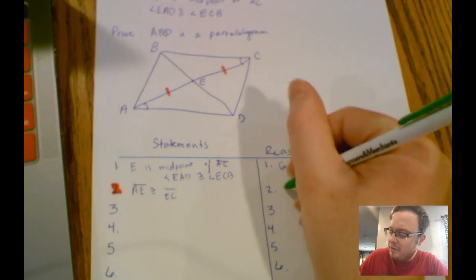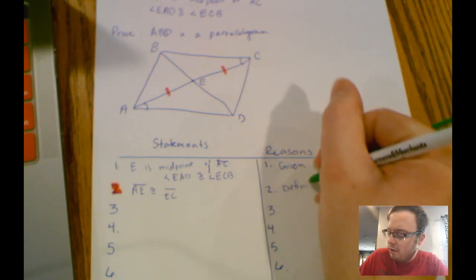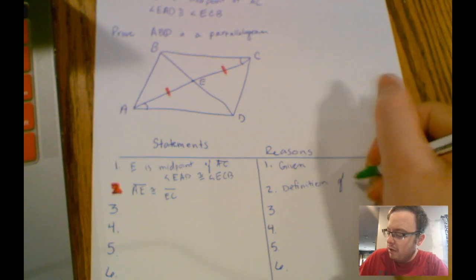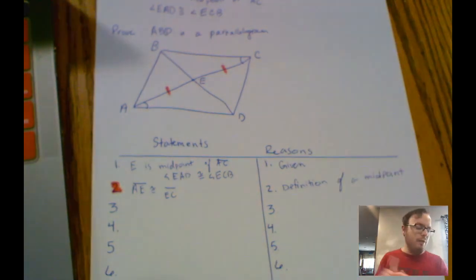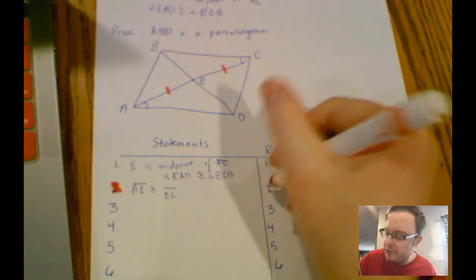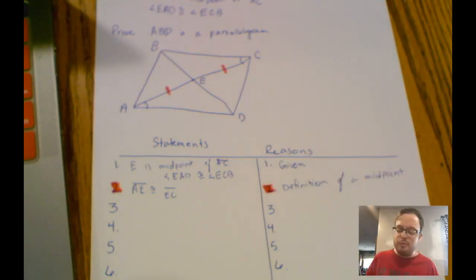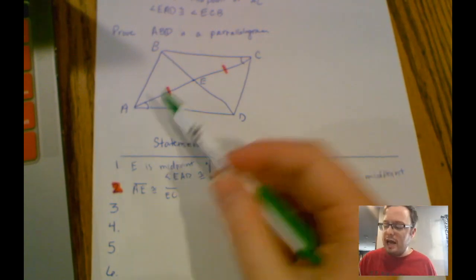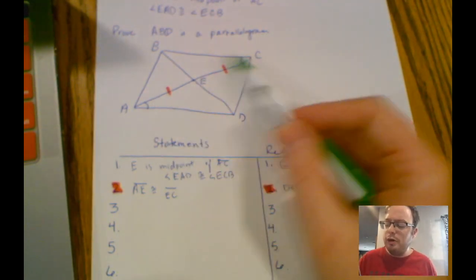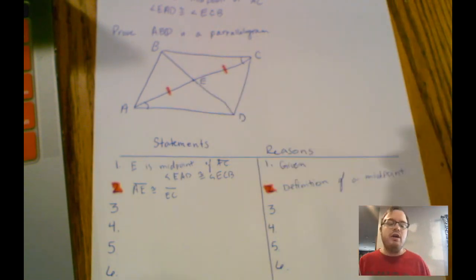And we know that because that is the definition of a midpoint. I'm going to put this on this side too, so the colors match up. So AE and EC are congruent because E is the midpoint.